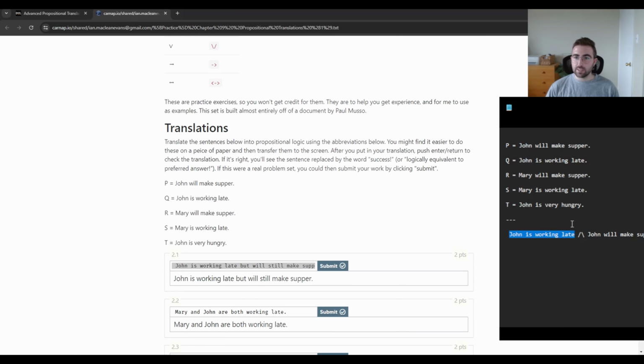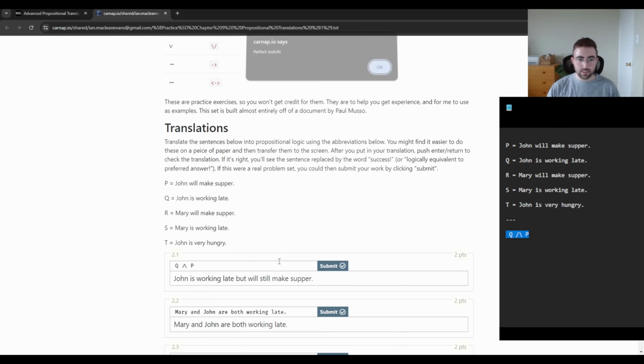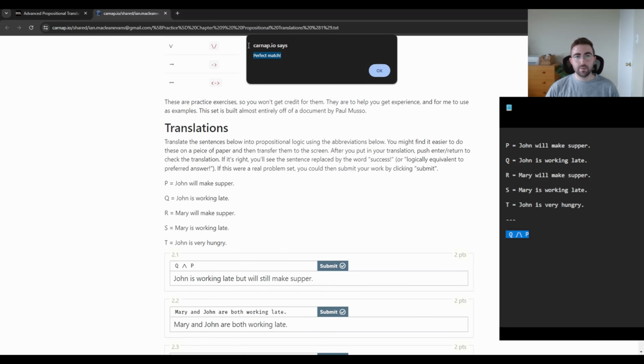So John is working late is Q. John will make supper is P. So we put those in. Q and P, everything is translated. Stick it back in here, and let's see if it's right. Look at that, perfect match.